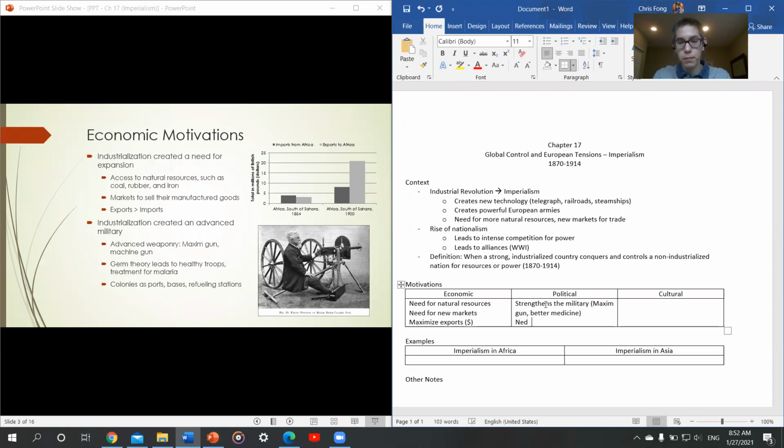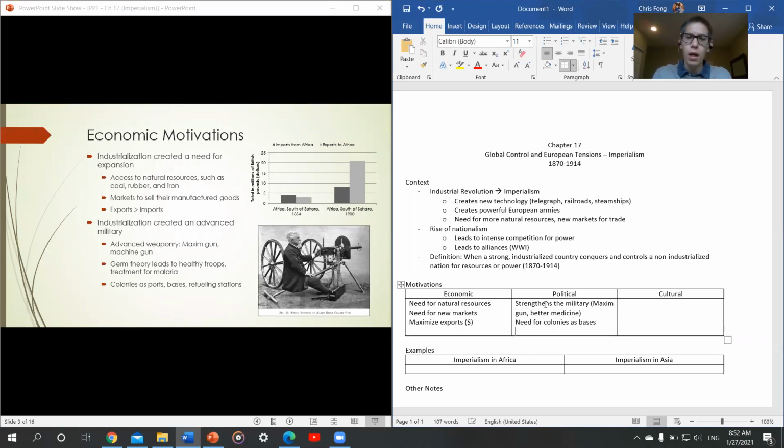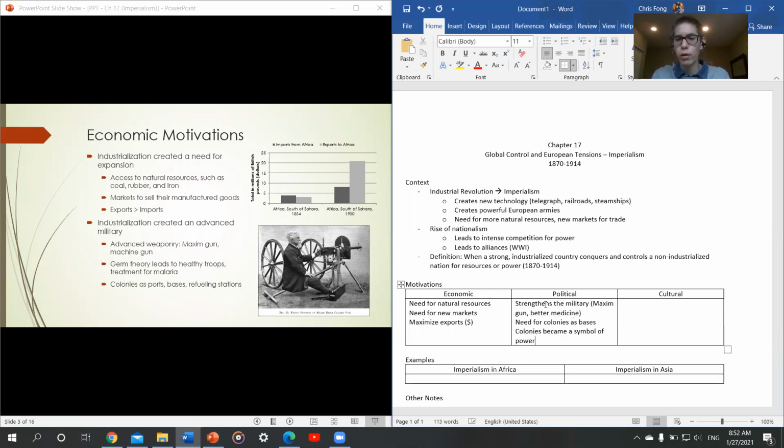And so there was a need for colonies as bases, military bases around the world and as ports for them to trade through. And really, colonies became a symbol of power. Today, we probably measure a nation's power based on how much wealth they produce, I suppose. 150 years ago, you would measure a nation's power based on, do they have any colonies and how many do they have?